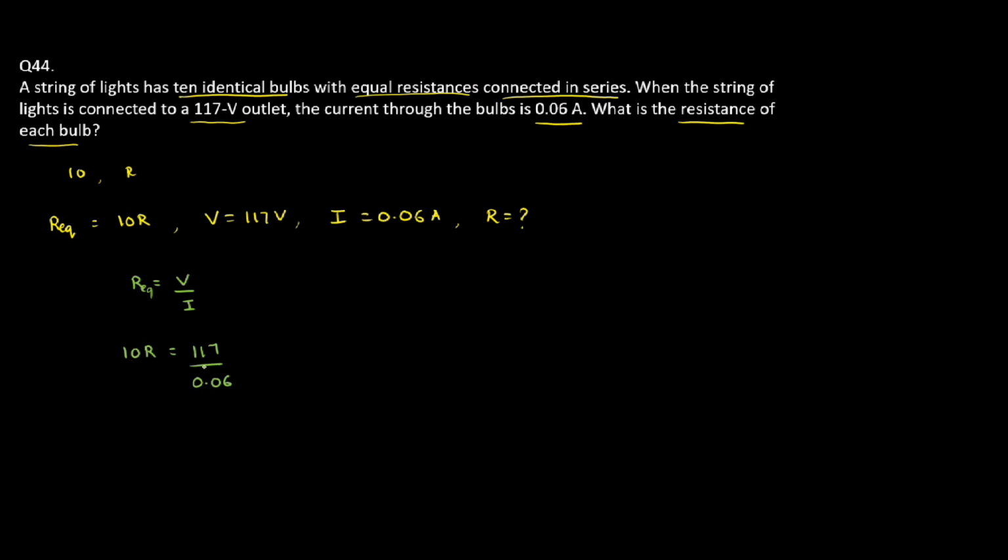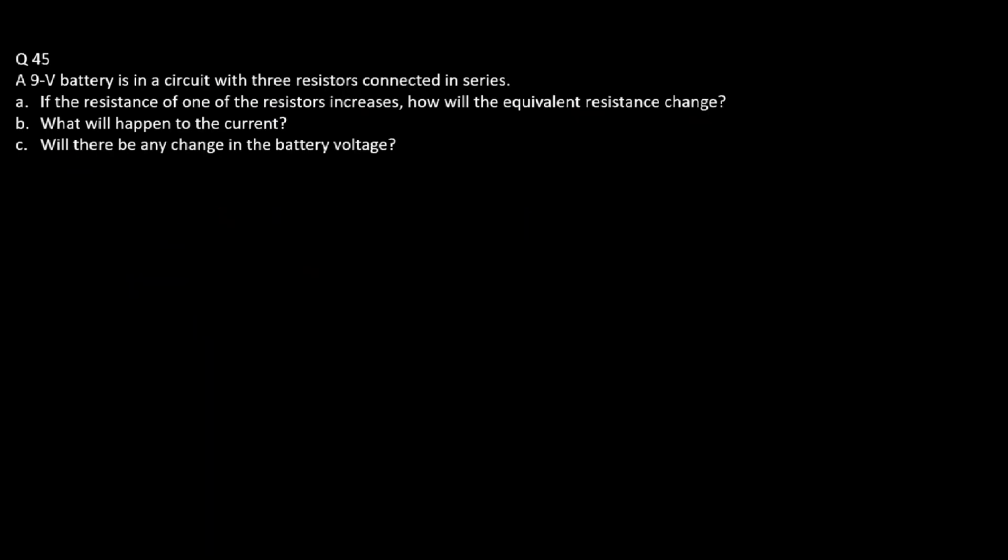So we will divide by 10 on both sides. So we get R equals 117 over 0.06 times 10. And when you solve it, the answer that you get is 195 ohms. So each of the light bulbs has a resistance of 195 ohms.